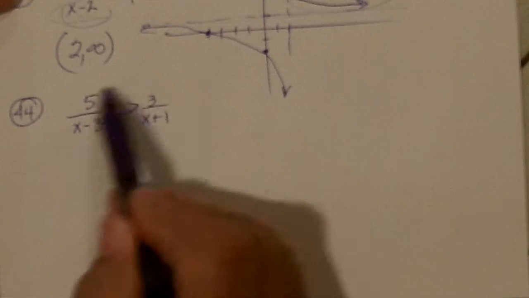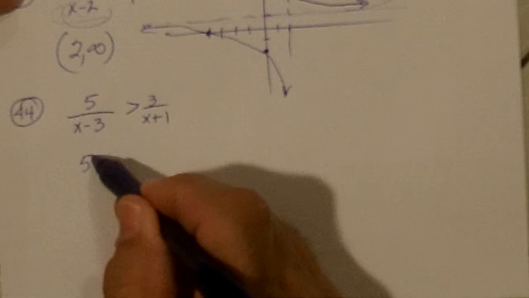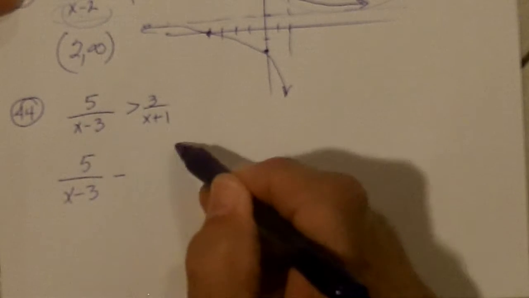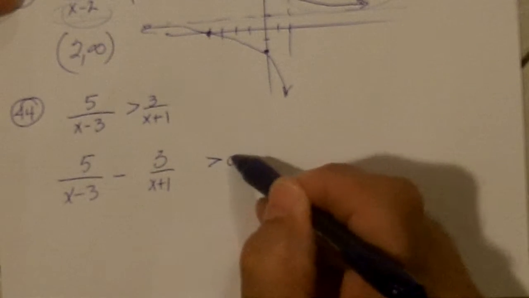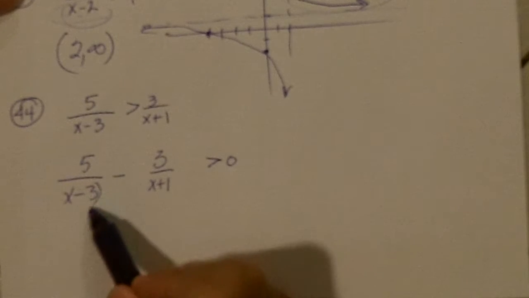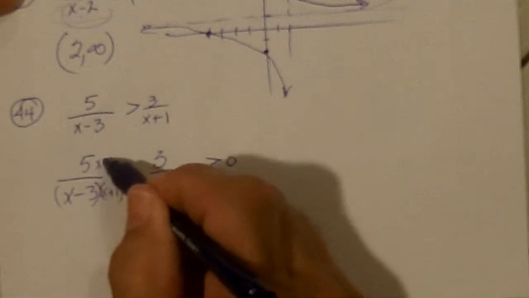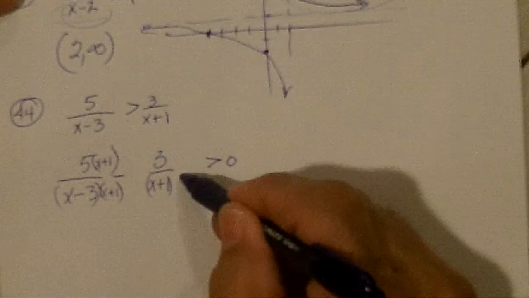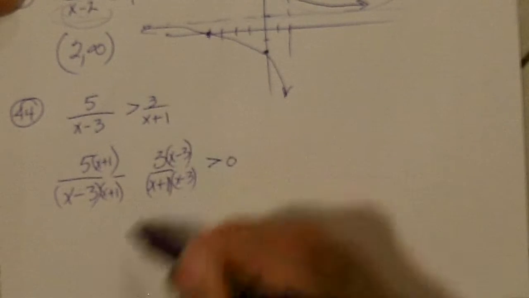Now this one, we've got two hyperbolas here, so we probably want to get it all on one side. So we go 5 over x minus 3 minus 3 over x plus 1, and that would be greater than 0. We can multiply this one by x plus 1 and x plus 1 to get a common denominator, and this one by x minus 3 and x minus 3.